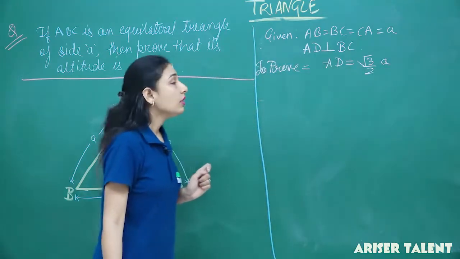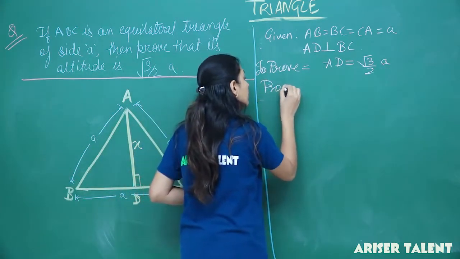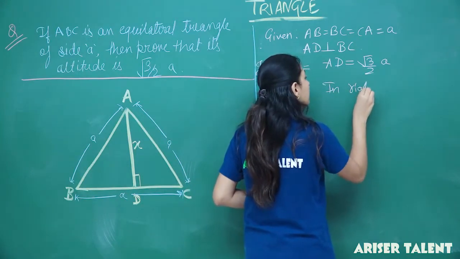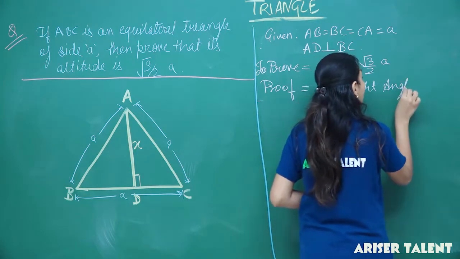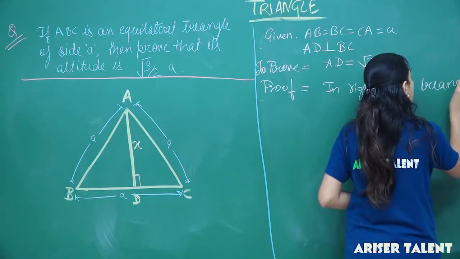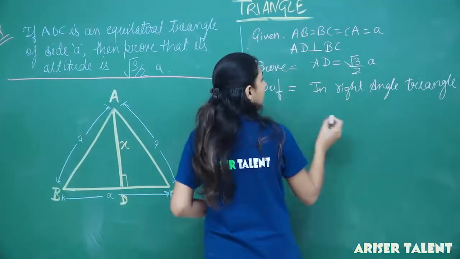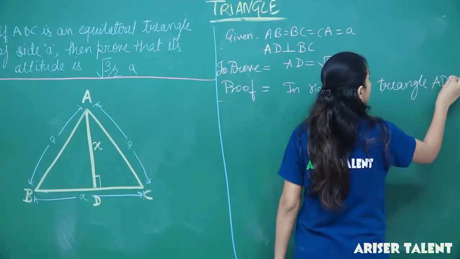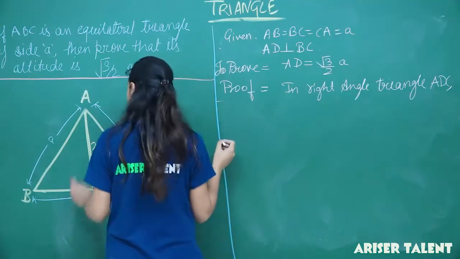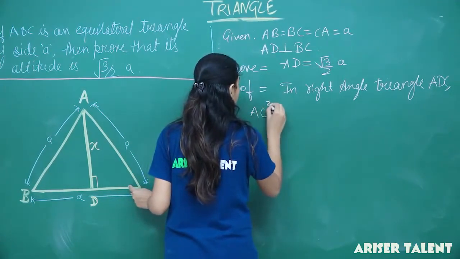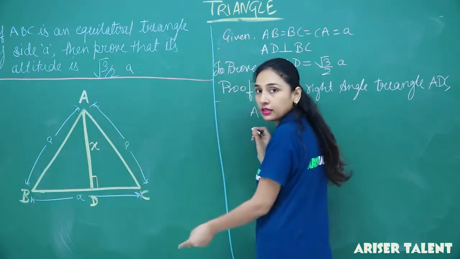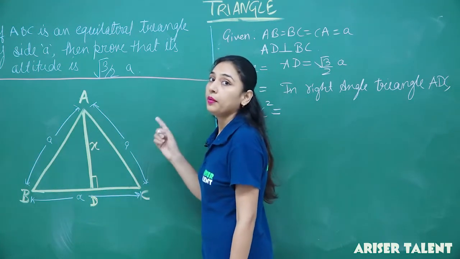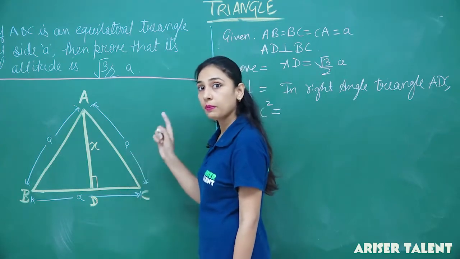Okay, students. Now, proof. In right angle triangle ADC, what are we having? AC square will be equal to what? This is the hypotenuse, so the square of the hypotenuse will be equal to base square plus perpendicular square.